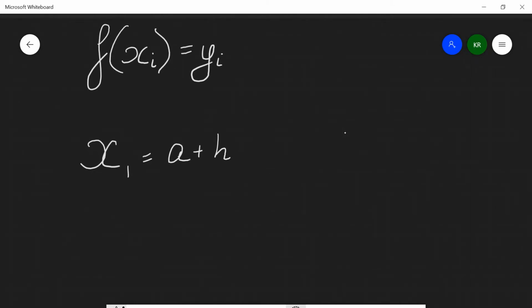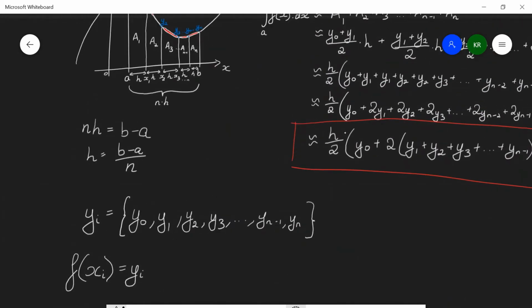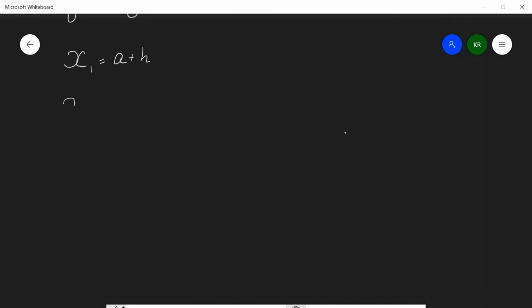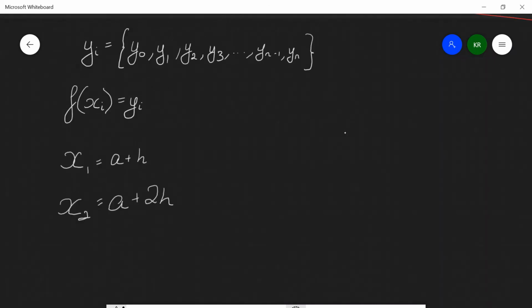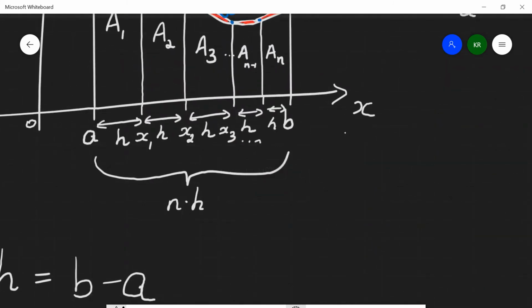So x1 is going to be a plus 1h, okay. Well, x2 is going to be a plus 2h, right? Because x2 is just going to be a plus that h plus that h, which gives us the x coordinate there.